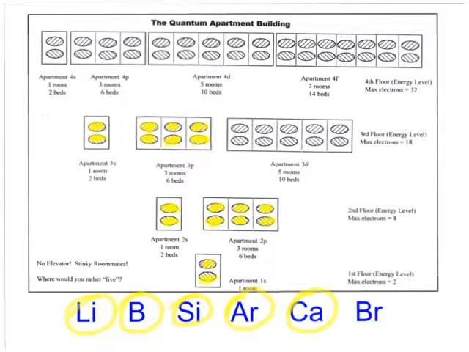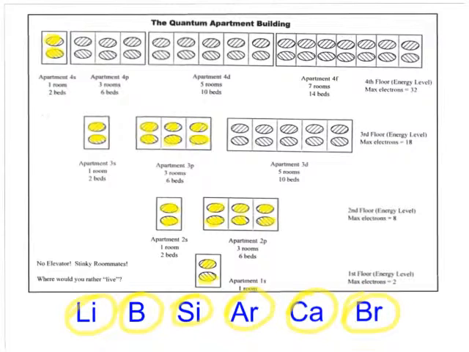Now calcium. Calcium has 20 electrons, so it only has 2 more than argon. And those electrons will not go in the 3d orbital, they will go in the 4s. Remember, if you look at your energy diagram, 3d is higher in energy than 4s. So the electrons will fill 4s first before they go up to the 3d orbital.